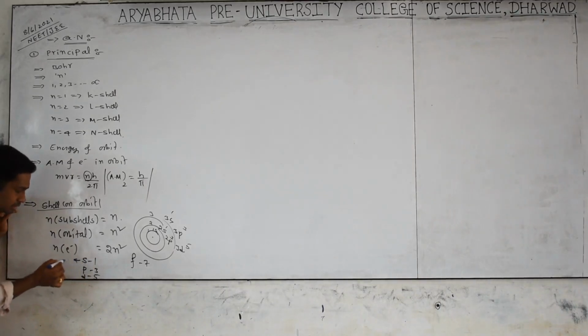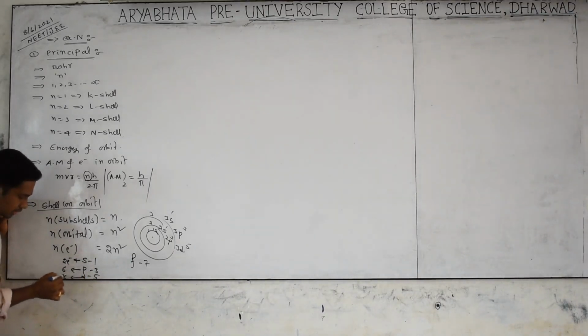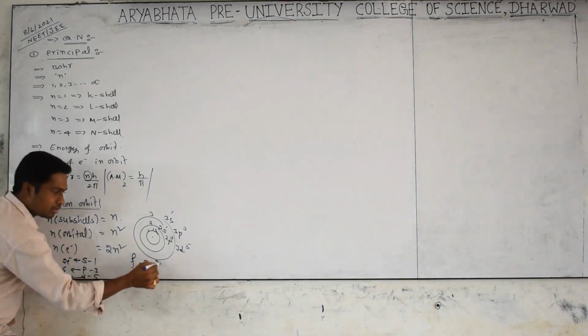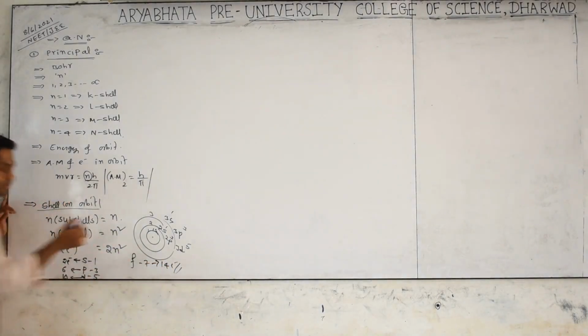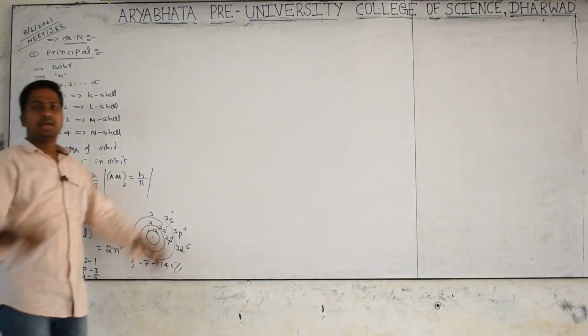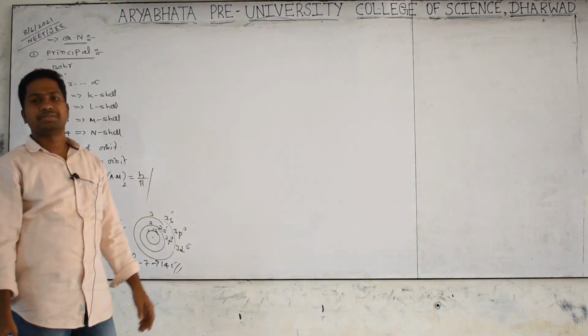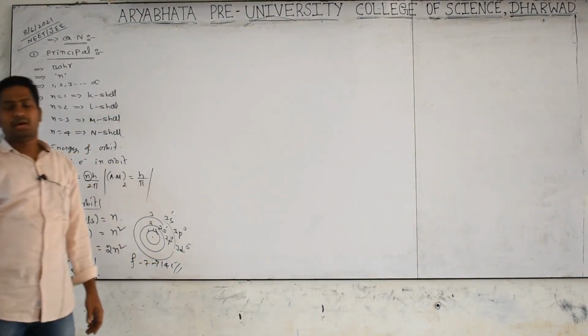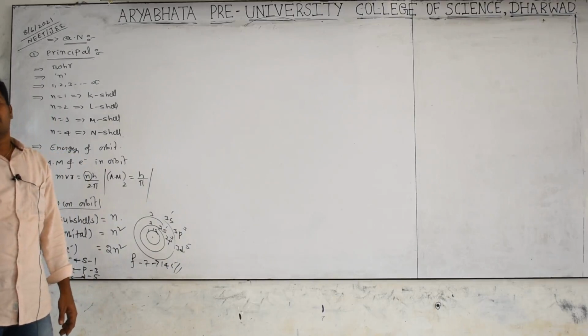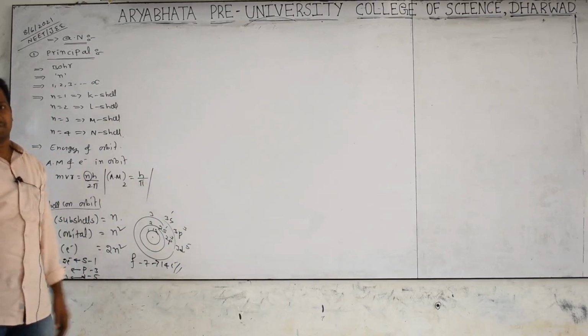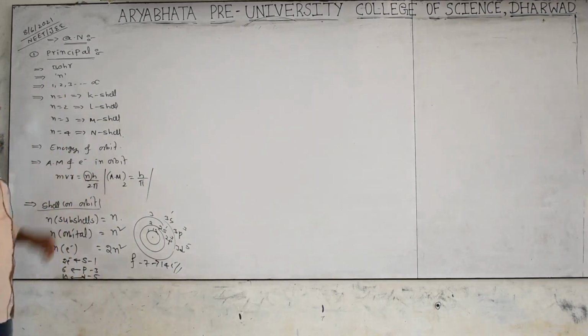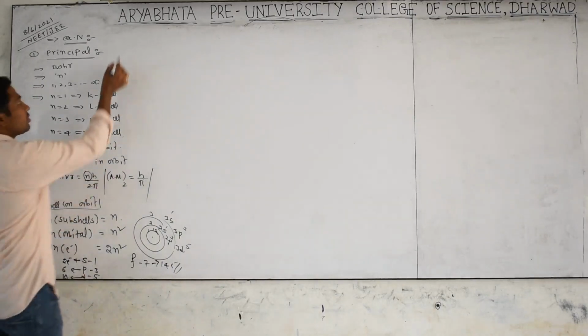Maximum capacity of s is 2 electrons, p orbital 6 electrons, d orbital 10 electrons maximum, f orbital 14 electrons. That information is in the formula: in the main shell, number of subshells is n, number of orbitals is n square, number of electrons is 2n square. That information we get from the principal quantum number.